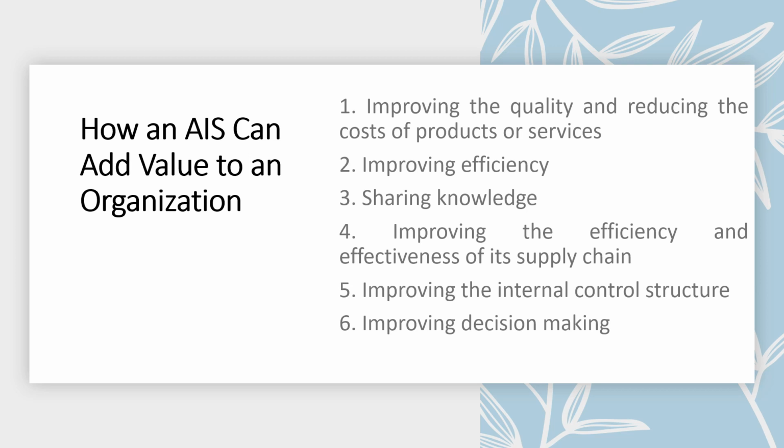Fifth is improving the internal control structure. An AIS with a proper internal control structure can help protect the system from fraud, errors, system failures, and disasters. The sixth is improving decision making, since decision making is very vital.